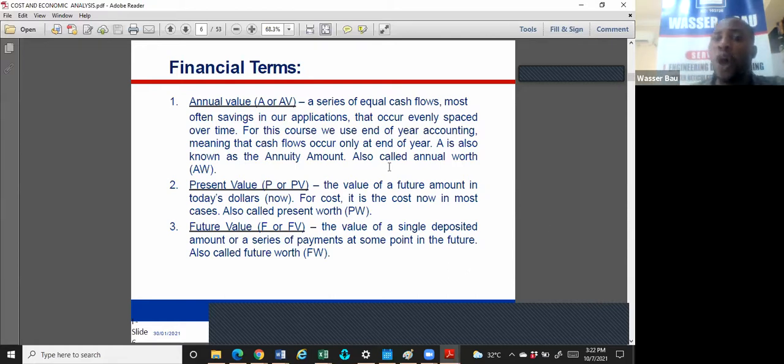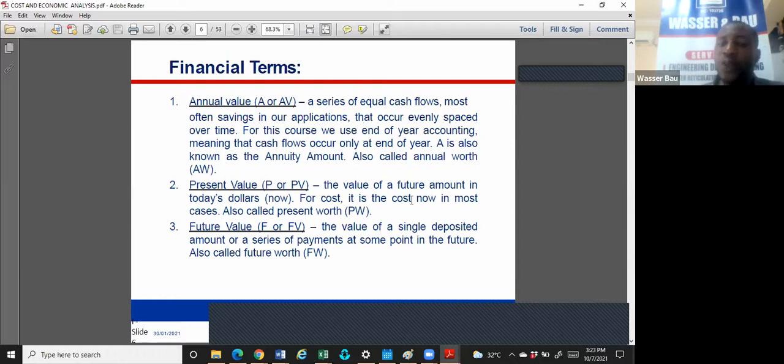It is also known as the annuity amount. So it's either you call it annual value or you call it annuity amount. And in other parlance, they also call it annual worth. And if you use it to solve a question, you call it the annual worth method.